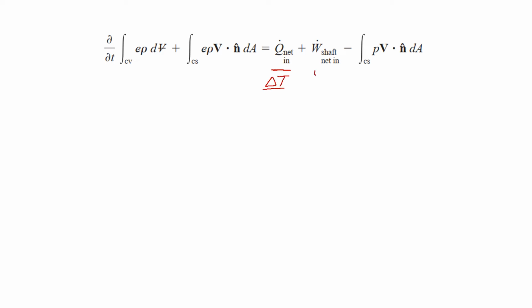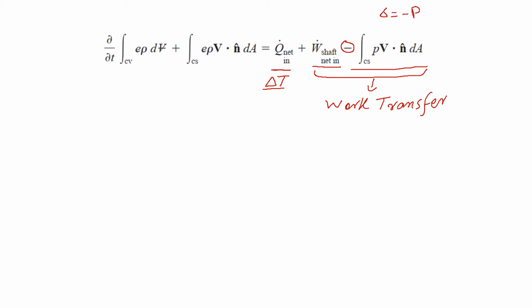And then we had a term for the net rate of work transfer, and in the previous slide we have equated that work transfer to the rate of work transfer to the shaft and the net rate of work that is required to overcome the normal stresses on the control surfaces. And this negative sign is due to the equation that we wrote, that stress is equal to minus P for that particular scenario. So this is why this minus sign is here.